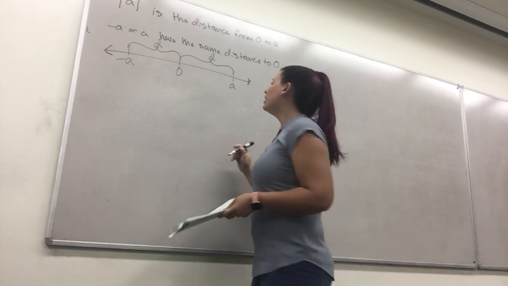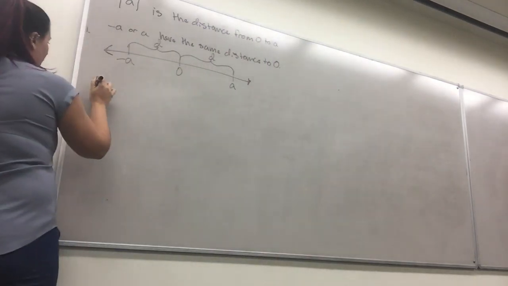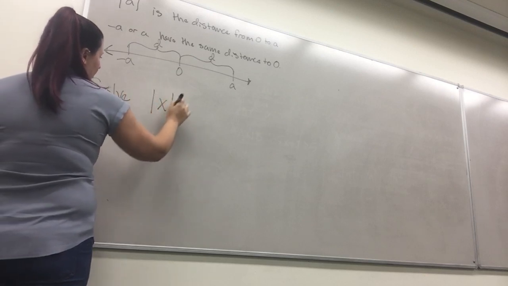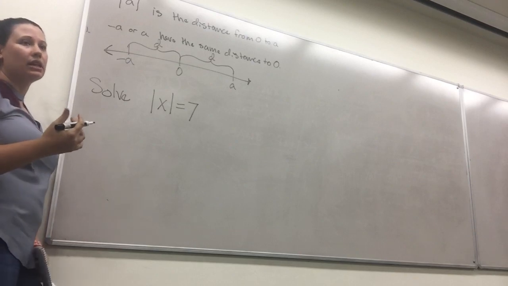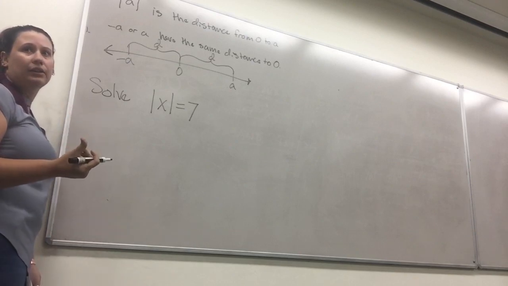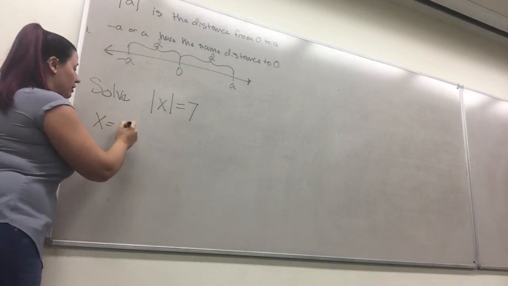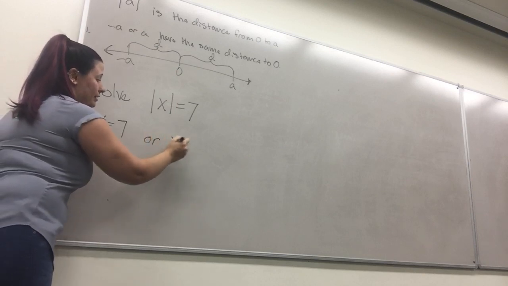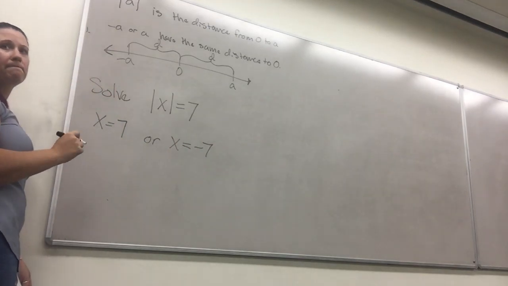Okay, so if we want to solve one, right? So if we want to solve the absolute value of x equals 7, what that means is figure out what values x could be, right? So what you do here is you say x equals the positive or x equals the negative, okay?